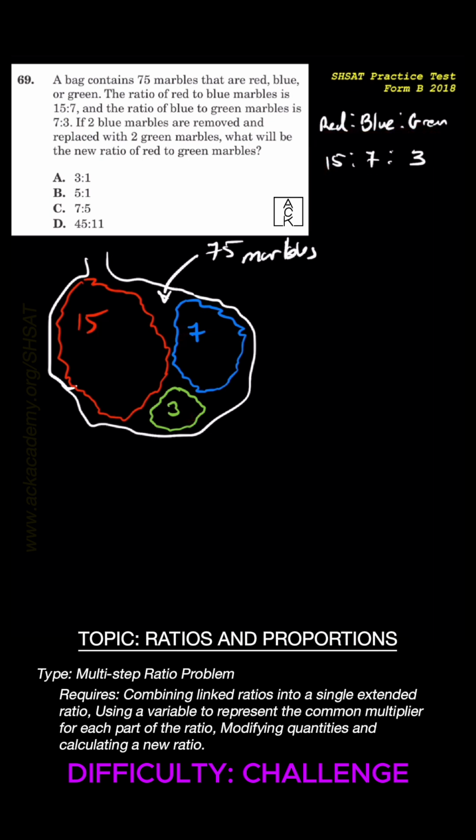Now, in order to figure out how many red, green, and blue marbles there are, we need to basically think of each of these as its own little set. And if we multiply a variable in these sets, that should equal a total of 75 marbles.